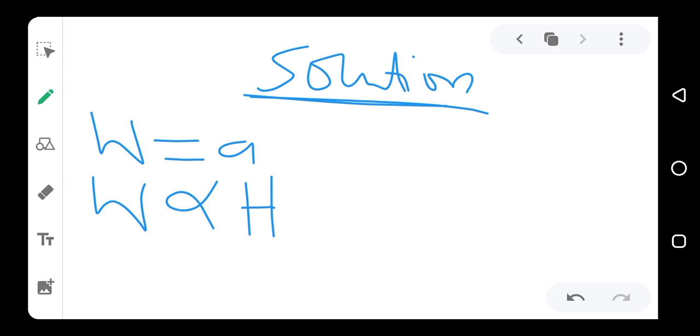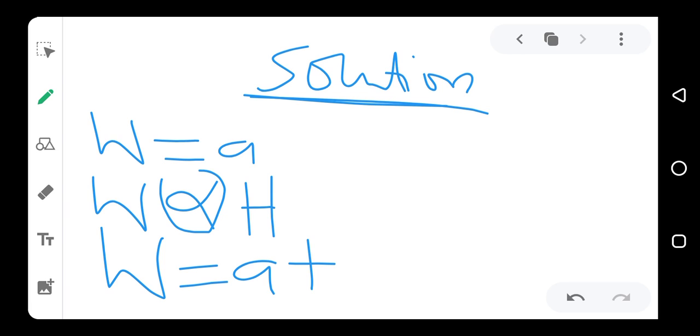So if we combine the two relationships here, we have that W is equal to A, the first relationship and the second relationship being separated with plus, addition. So we have W is equal to A plus. Now to clear the sign of proportionality here, we introduce another constant which you can call K, so it is equal to KH.